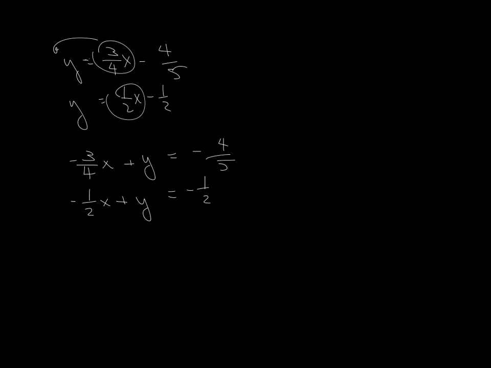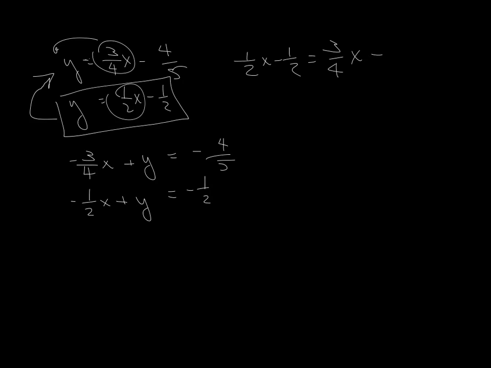Now there's lots of ways you can do this. I could say that this here, and I'm going to put 1/2 x minus 1/2 in for y and solve for x. I can do it that way. And if I did, I would get 1/2 x minus 1/2. So I'm replacing y with that on the left side, and that equals 3/4 x minus 4/5.